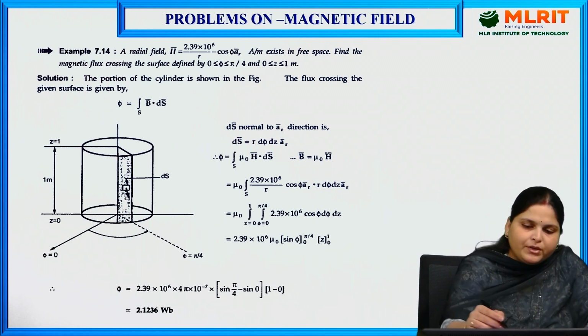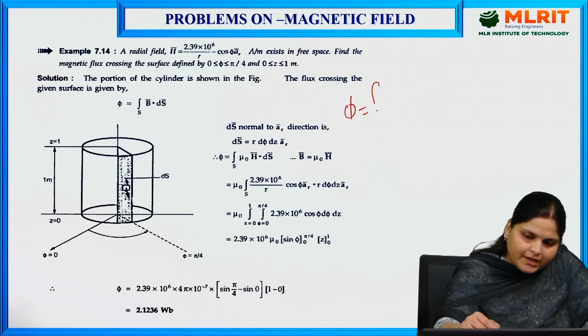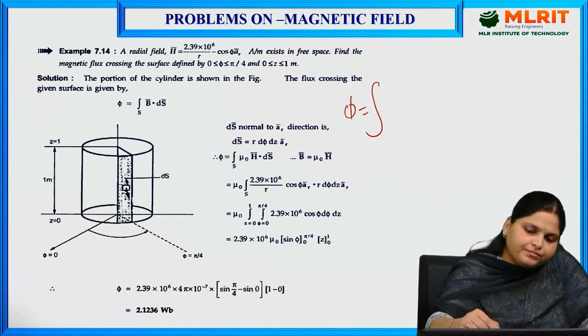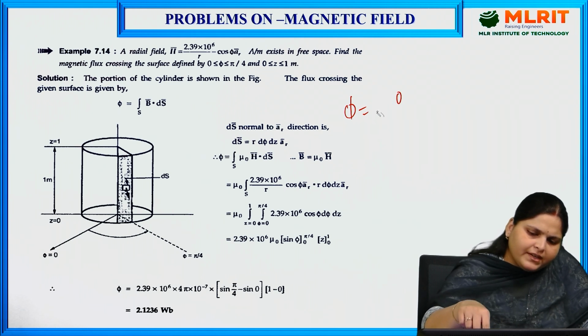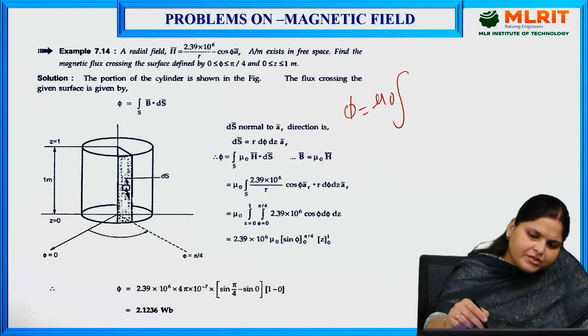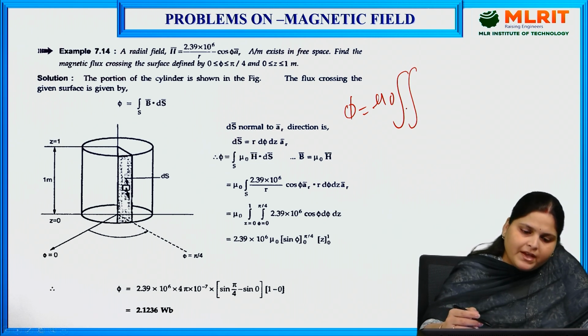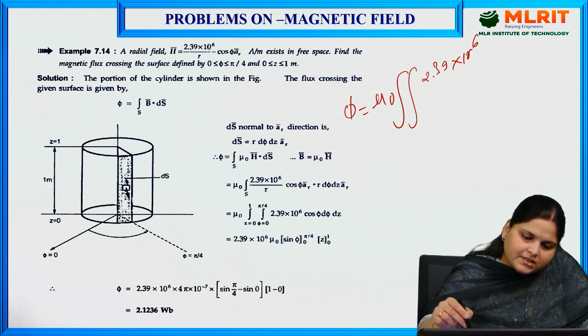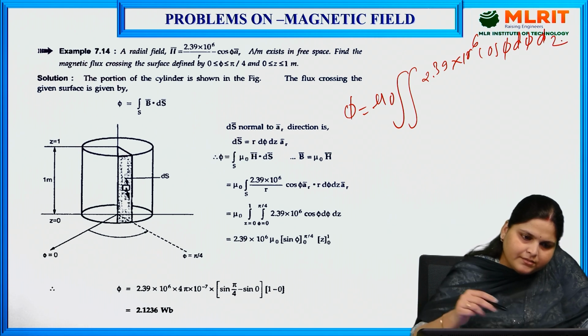We will put this into the formula, and phi becomes integration of mu naught, which is already there, so we can take it outside. Two integrations will be there because dz and d phi are there. So this becomes 2.39 into 10 to the power 6 cos phi d phi dz.